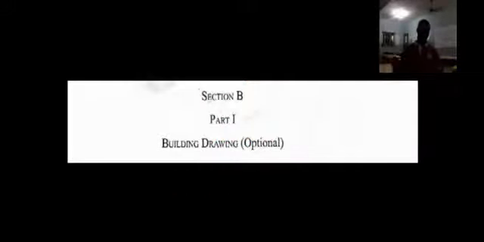Section B. I want to welcome you to section B. It has two parts. We're already facing one, the building drawing. And then the second part of it is mechanical drawing. Each of them has 10 questions, beginning from 31 and ending at question 40. So the answers for both of them are always the same.